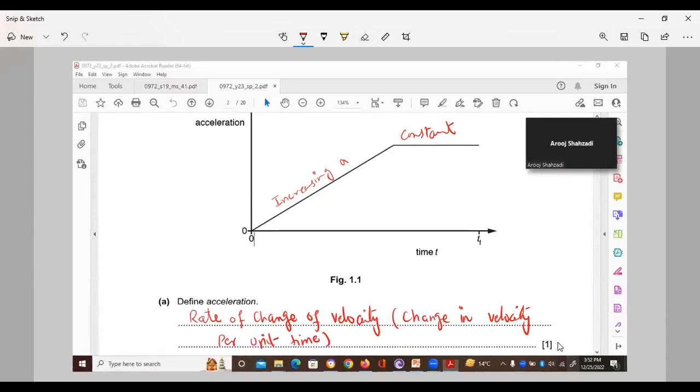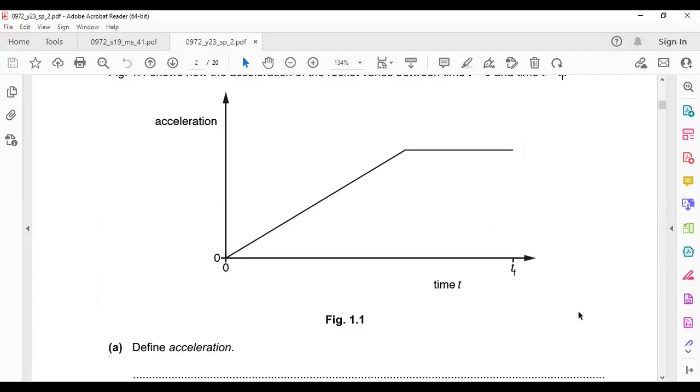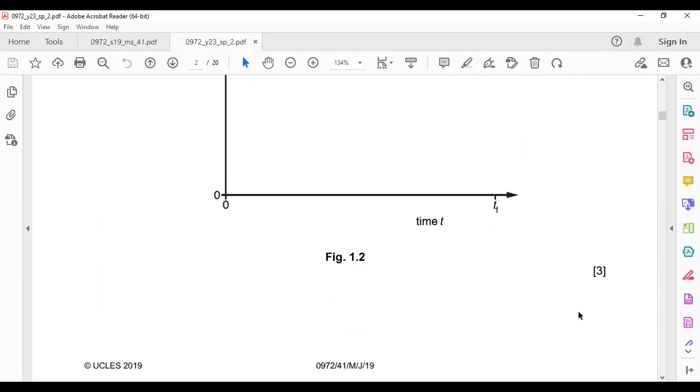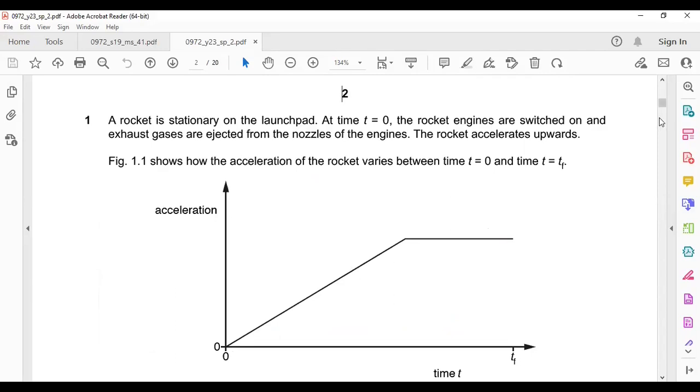So that would be the answer of question number 1, part A. Rate of change of velocity is known as acceleration, or change in velocity per unit time. So move to the next part.